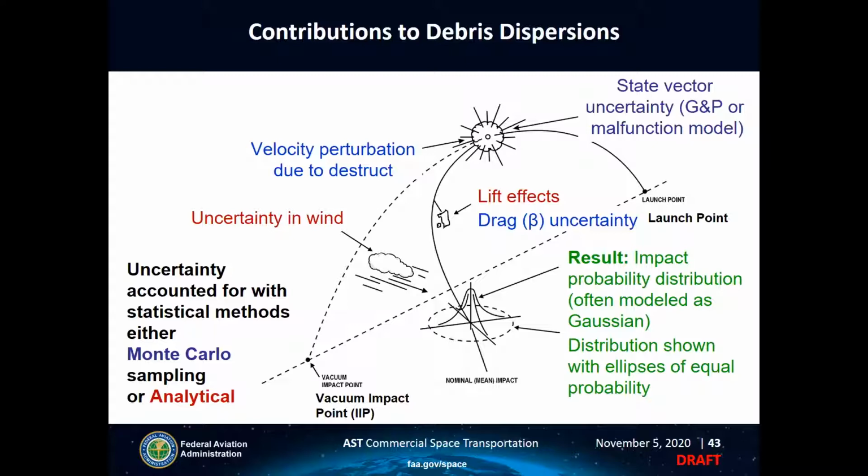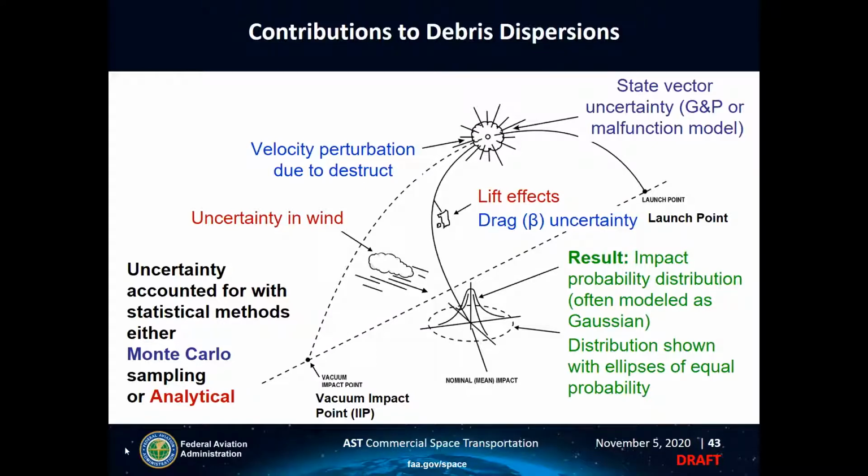Other key contributions, you see the velocity perturbation due to destruct. So if there was intentional flight termination action taken, or if the vehicle simply blew up on trajectory, we would expect that there would be induced velocities, that the explosion would propel those pieces and change the velocity of certain pieces from what the velocity of the vehicle was at the time of the breakup.